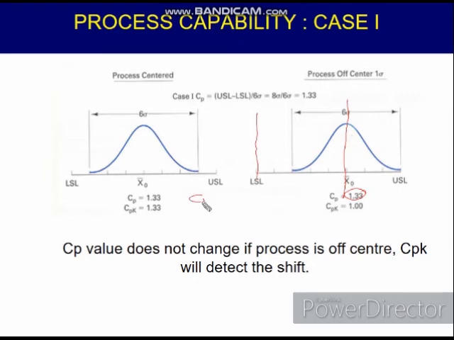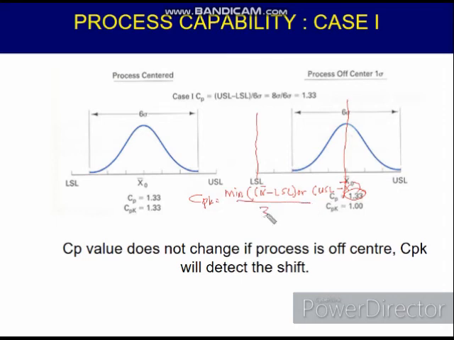So again, CPK is equal to the minimum of either X bar minus LSL, or USL minus X bar, right?